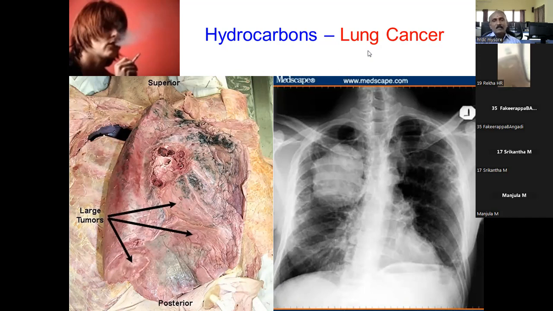See, any exposure of an individual to any of the pollutants, the effects may not be immediate. It may prevail for a long period of time, and the time taken for the expression or causing any disaster may also take certain time. Likewise, it may result in tumors or cancers. So in their lungs, they may develop even tumors or cancer like this.